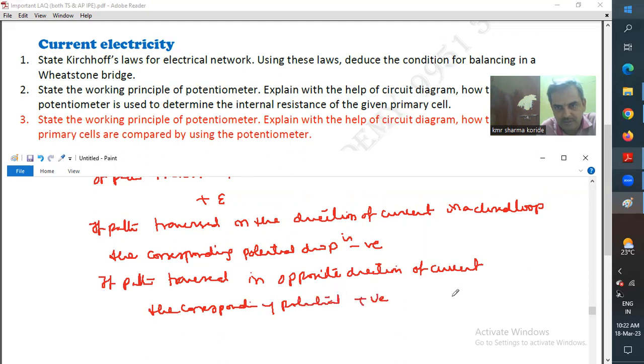You can understand even like this also, this is the resistor. In case you are taking the opposite direction of current, potential drop is positive. In the previous case, if you are moving in the direction of current, this is resistance, so potential drop is negative. It should be minus IR. Here it should be plus IR.